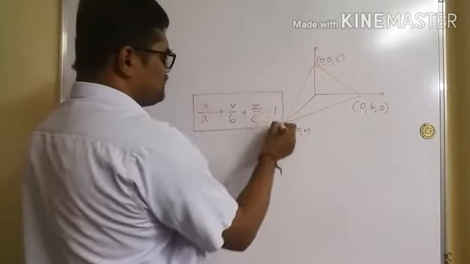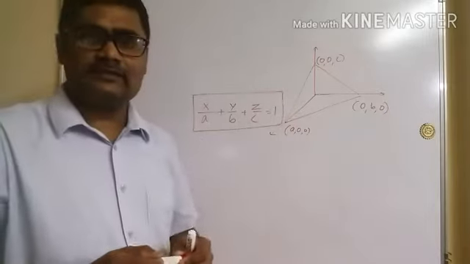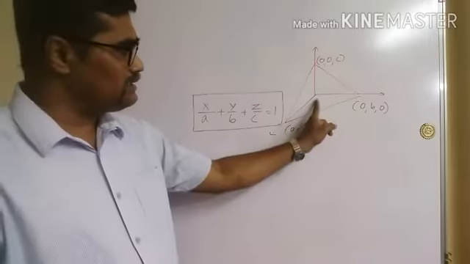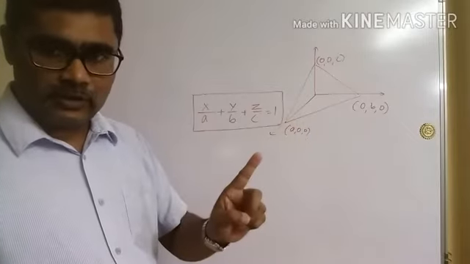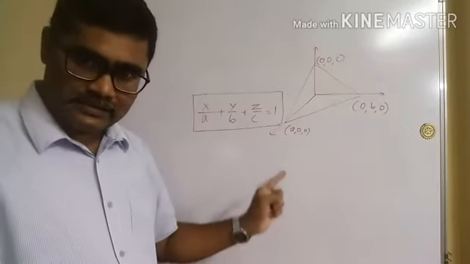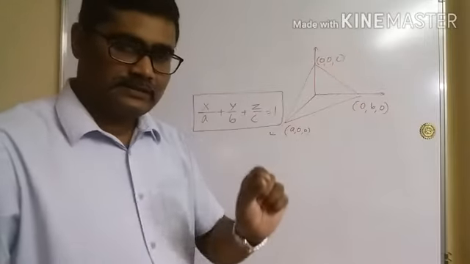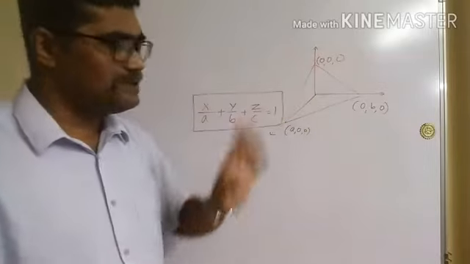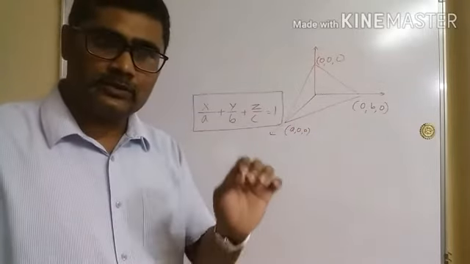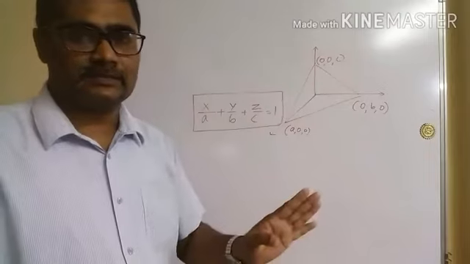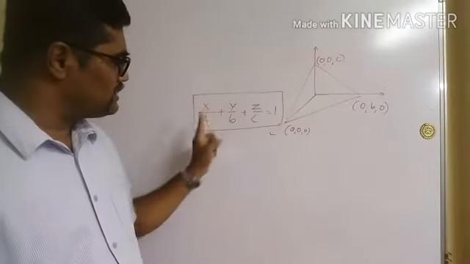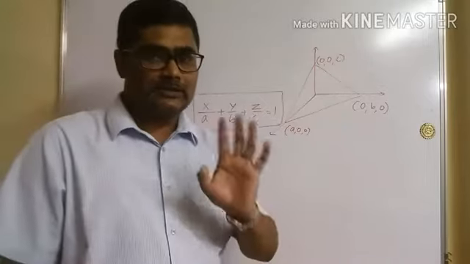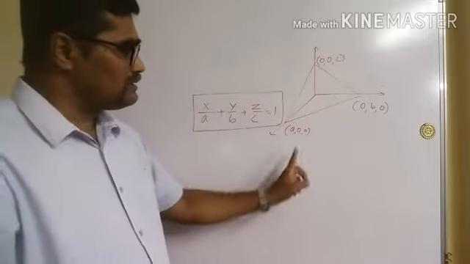This is the equation in intercept form, where you should very clearly note that a is the distance of the point at which the plane cuts the x-axis, b is the distance of the point where the plane cuts the y-axis, and c is the distance of the point where the plane cuts the z-axis. So in that way we get the equation as x/a + y/b + z/c = 1.